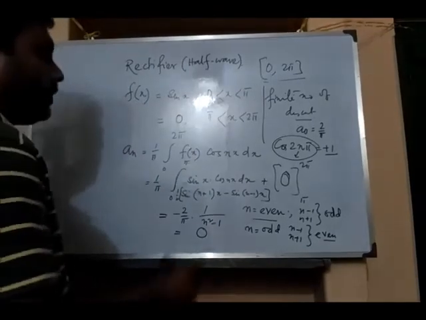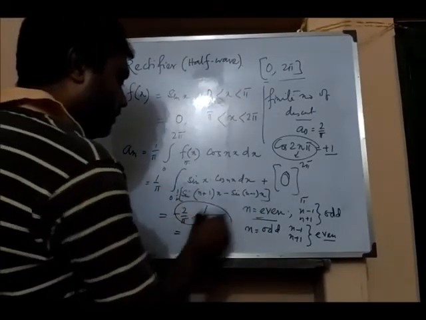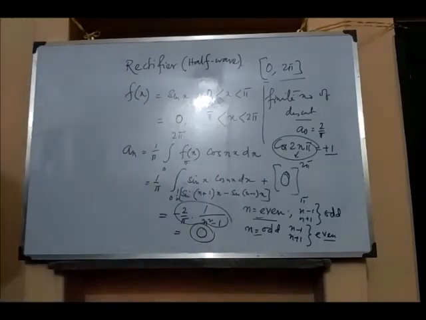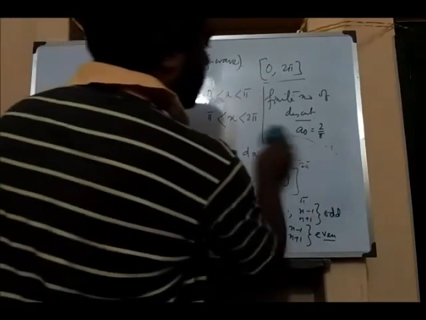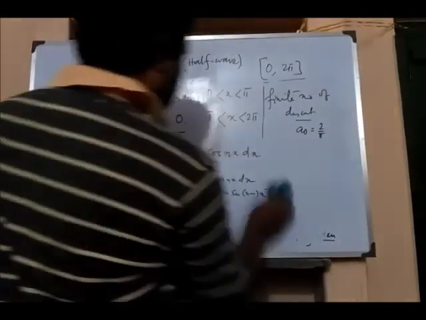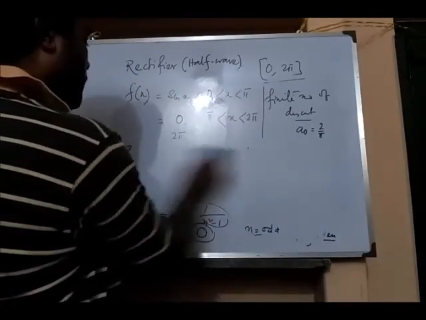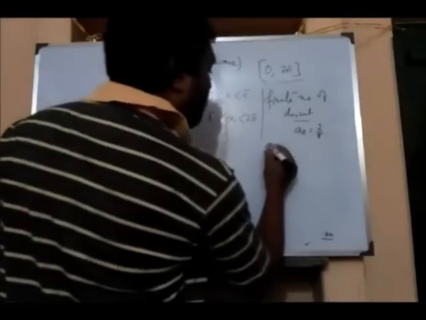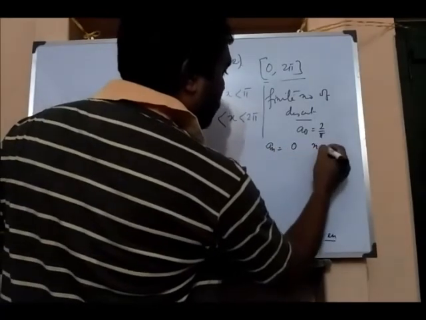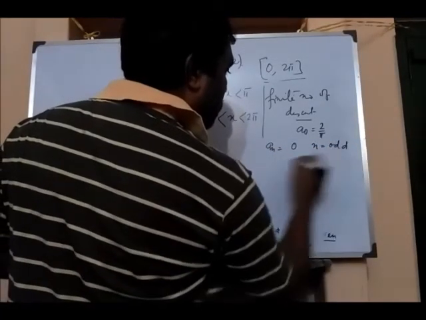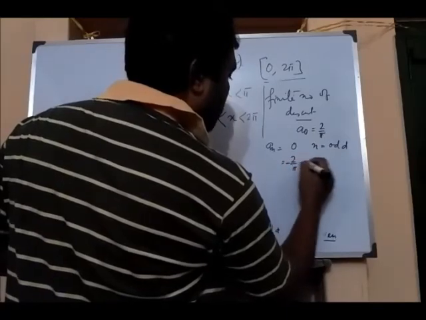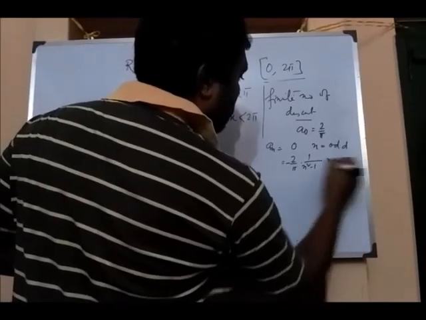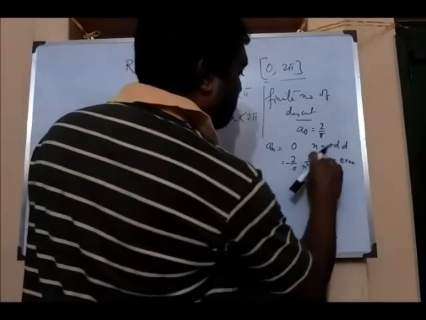So a_n is of a specific form, and I can write a_n as zero for n equal to odd, minus 2 by pi times 1 upon n squared minus 1 when n is even. Okay.